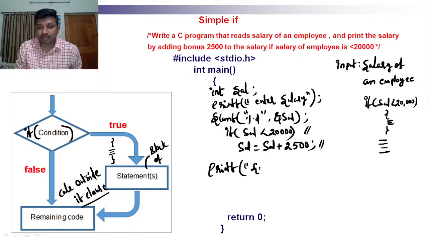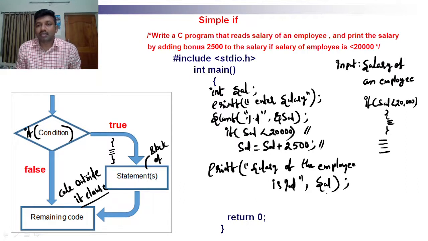So printf salary of the employee is, %d, and salary. You can see how printf is working here. Try to understand the working principle of this if statement. If this is true, the salary gets updated.